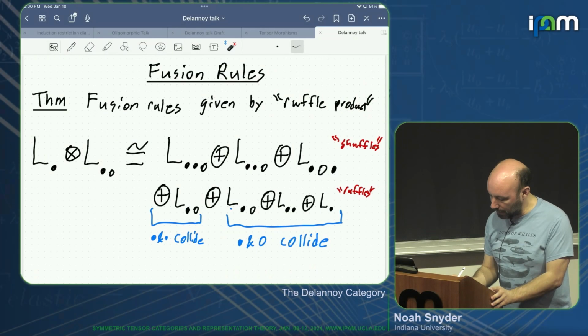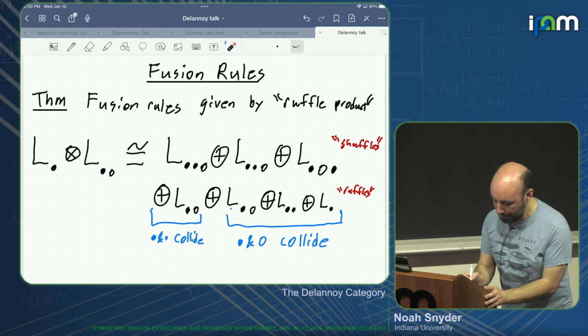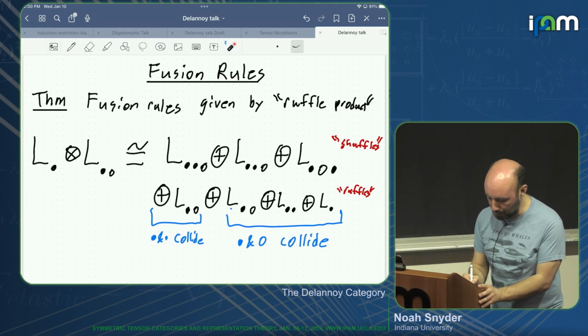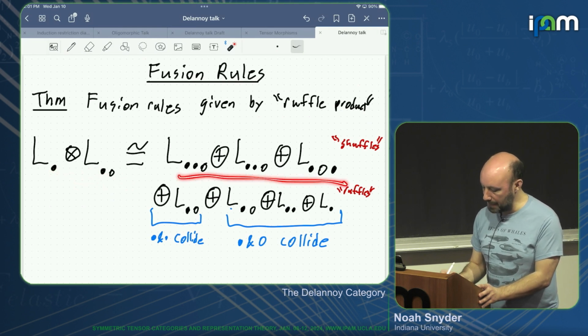So the way that this works, rather than trying to write down a general formula, there's a formula in the paper, I just want to explain this in one example. So the shuffles, I could insert this dot first, I could put it second, or I could put it third, and that gives me my 3 shuffles.